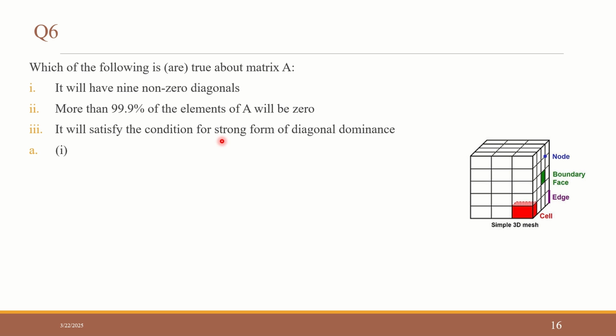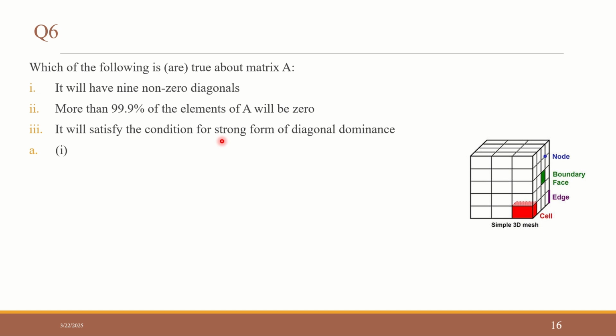A is a coefficient matrix, and based on the information provided we cannot say anything about the non-zero diagonals, because it is a huge matrix, and we are also not sure what the elements will be. We can make predictions, but the structure is not a diagonal matrix, first of all.